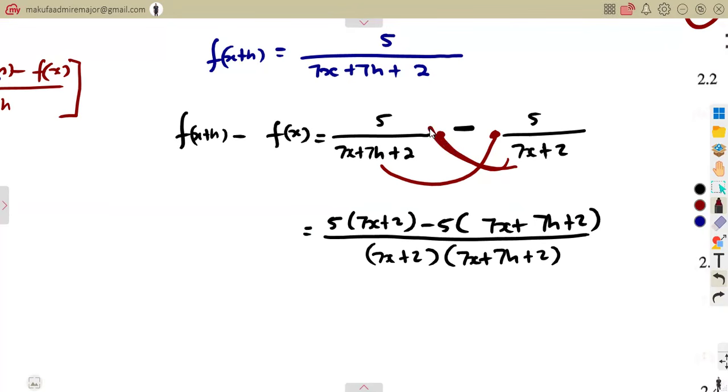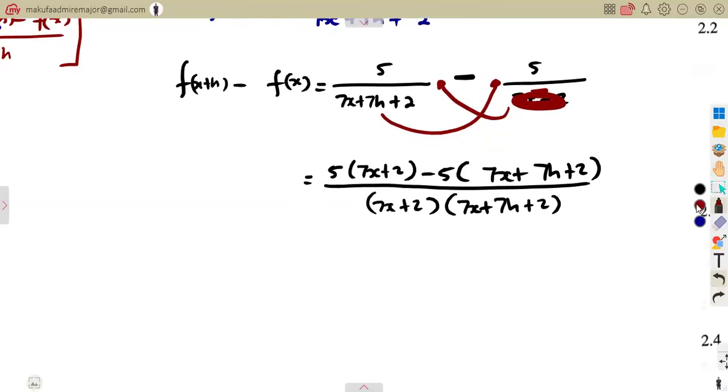Easily like that. This one multiplies this, this one multiplies this, then you take the fractions. So in this case, if you start with this one, there's no problem. You can start with this bracket, you can start with this bracket. In the denominator here, there is no effect which part you are starting with. Okay, but as you can see from our numerator there, there's a need of us expanding the brackets and collecting like terms. All right, 5 by 7x, 5 by 2.